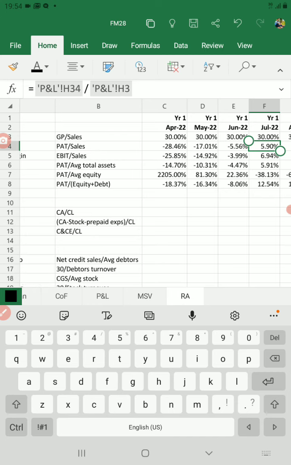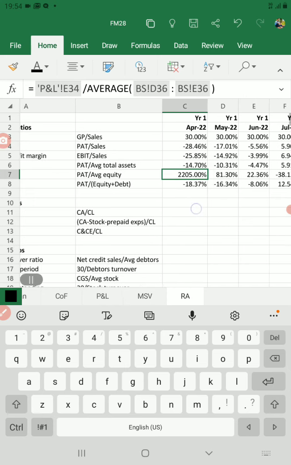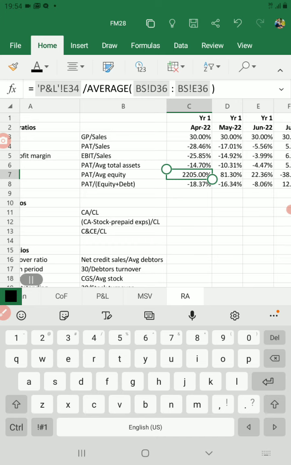If we look at this ratio, for example, profit after tax over average equity, for the first month of April, it's too huge.